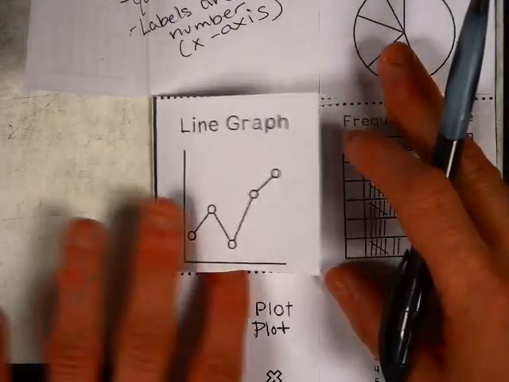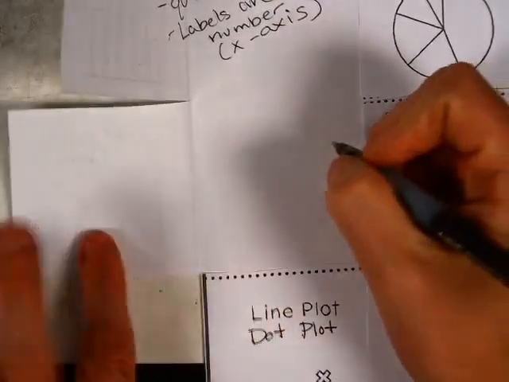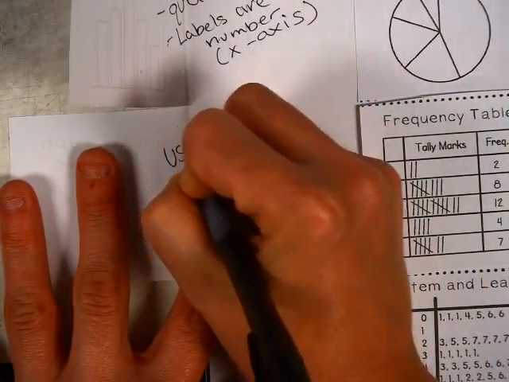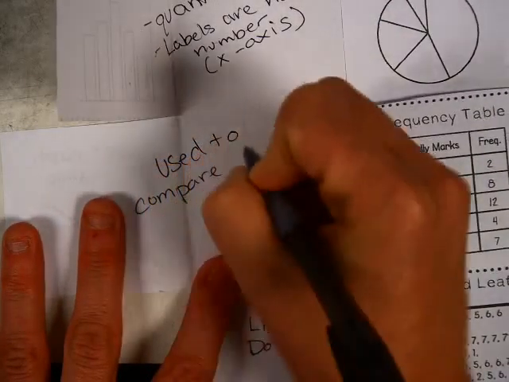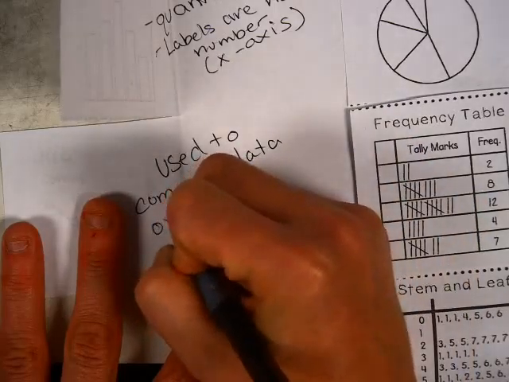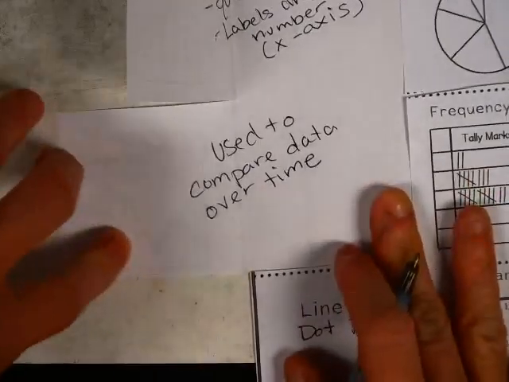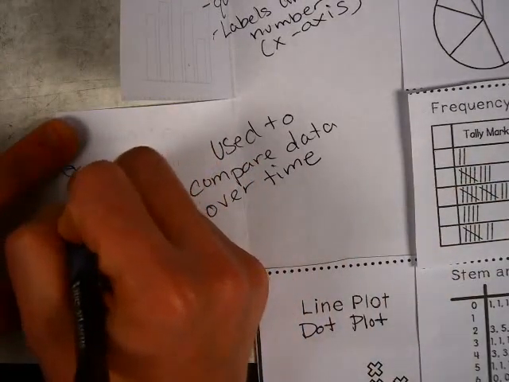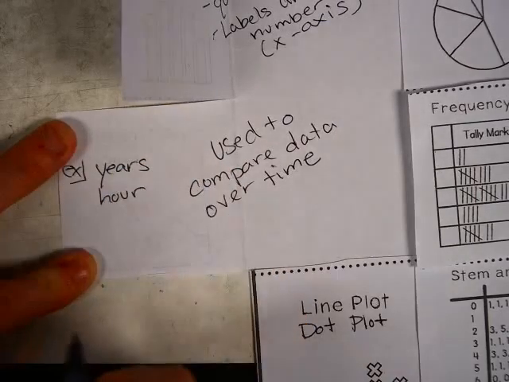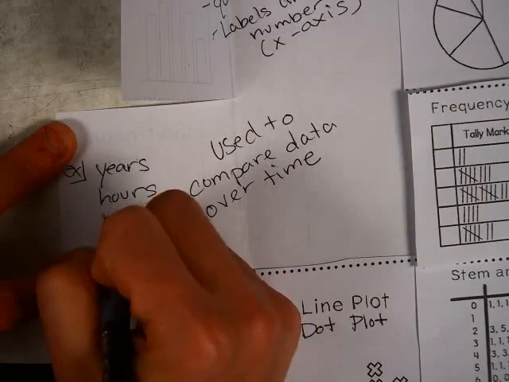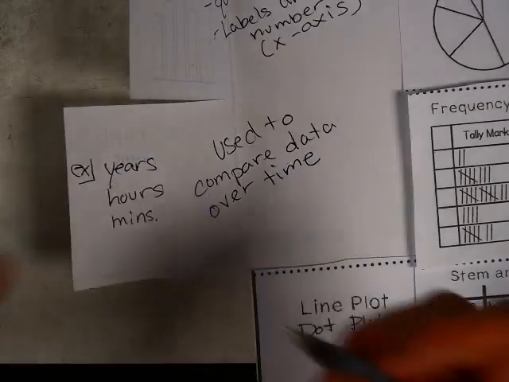Alright, line graphs are all about time. So this is used to compare data over time. Things that you look for are years or hours. Those are both times. Or minutes, and I'm going to abbreviate. Or seconds or decades.